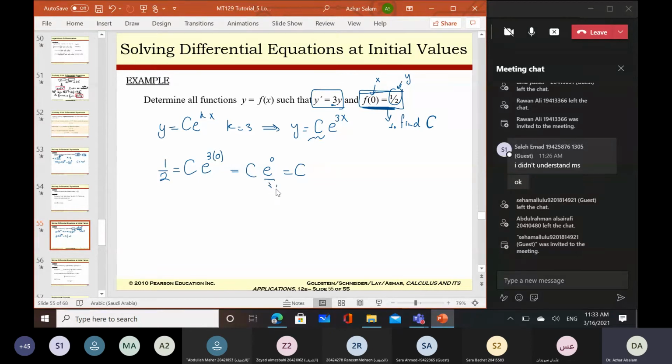This is equals 1. So I have here that c is equal to half.